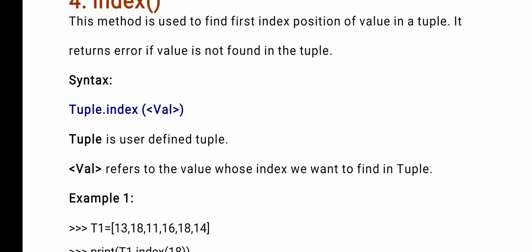So if you have 5 or 6 numbers and I want to find one number's index, you just give that particular value. If you give the character, this index method will find the index number of the given character or a given number. So the index method is used to find the index value of a given number or a given value in the tuple, right?